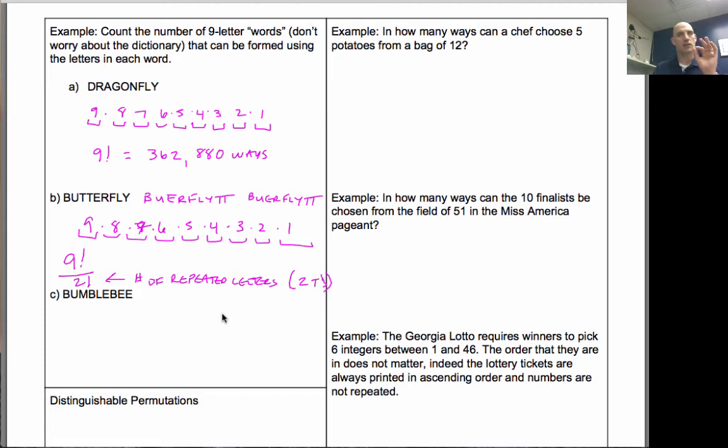We've got this 2 factorial because it accounts for the fact that there are repeats. So 9 factorial divided by 2 factorial is equal to 181,440. You've got to divide by the number of repeated letters.